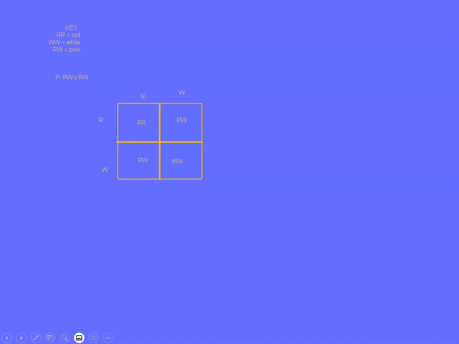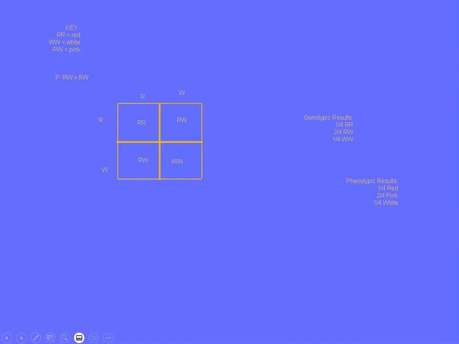And now I'm going to summarize this in the form of the genotypic and the phenotypic ratios. So for the genotypic results, there's a 1 in 4 chance that the offspring will have both alleles for red, RR, a 2 out of 4 chance that they will be RW heterozygotes, and a 1 out of 4 chance they'll be WW, carrying both the alleles for white. And now how does that appear physically in the phenotypic results?